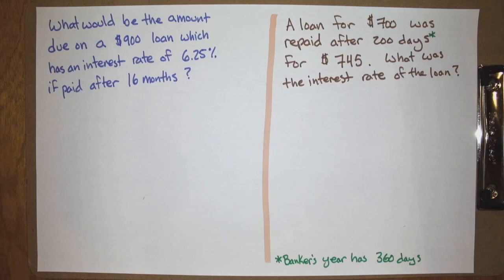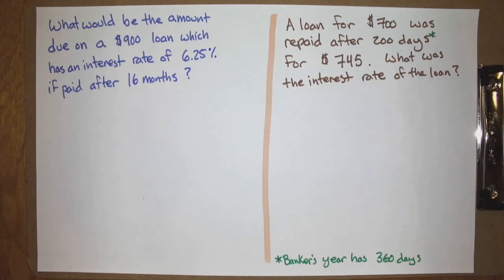And again, always assume that the interest rate means per year. 6.25% if paid after 16 months. Okay, so we have to pay back the amount due. So that includes both the amount you borrowed plus the interest.